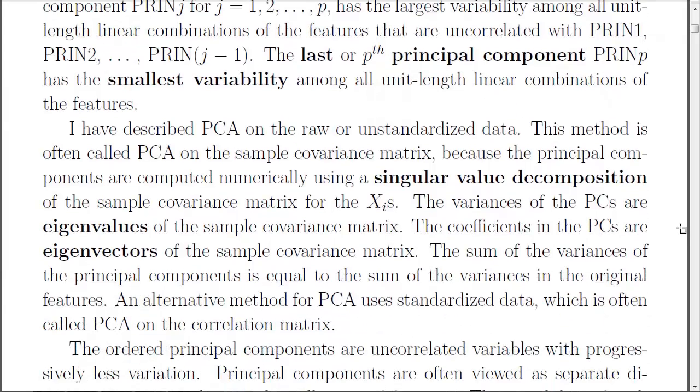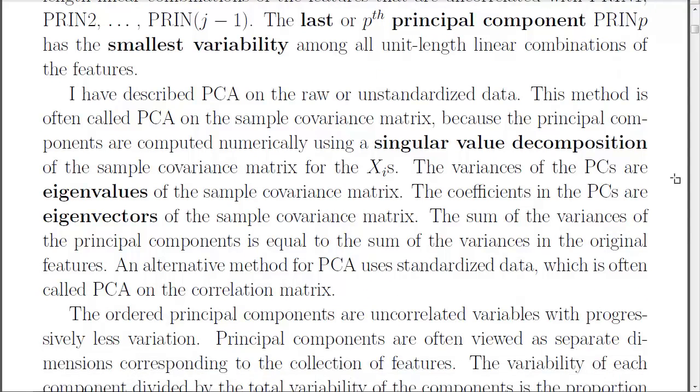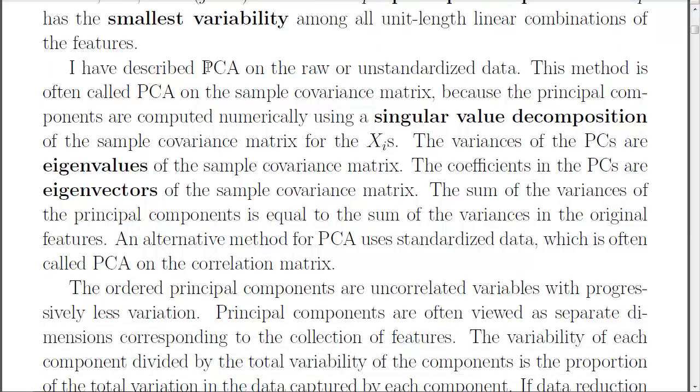There are lots of names for principal components. Another name is singular value decomposition. It's got several other names. And PCA can be done on either the raw or unstandardized data or on standardized data, and we'll see examples of that.